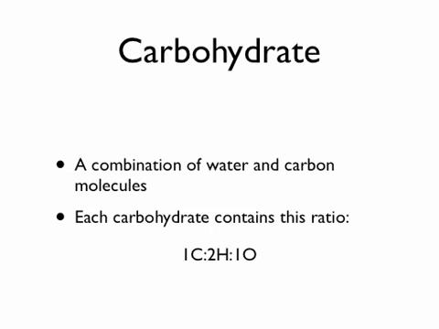Carbohydrates are molecules that are formed by a combination of water and carbon molecules. Each carbohydrate contains a specific ratio of elements. For every one carbon atom, there are 2 hydrogen atoms and 1 oxygen atom.